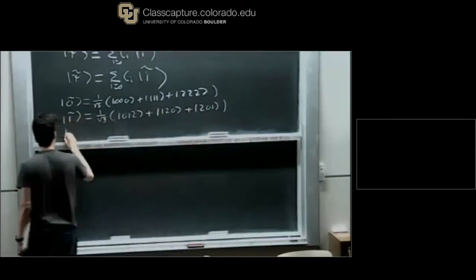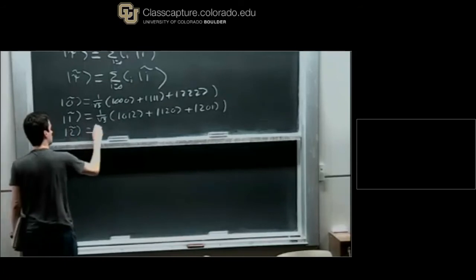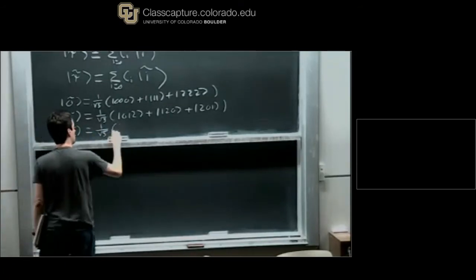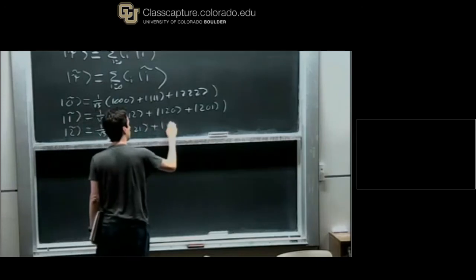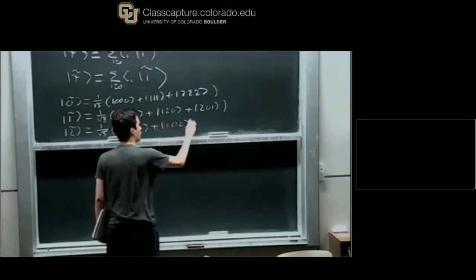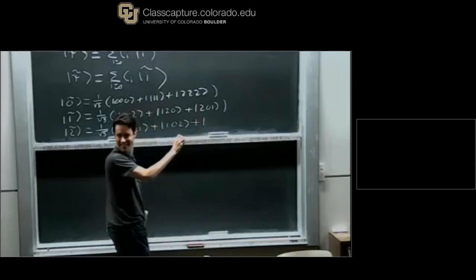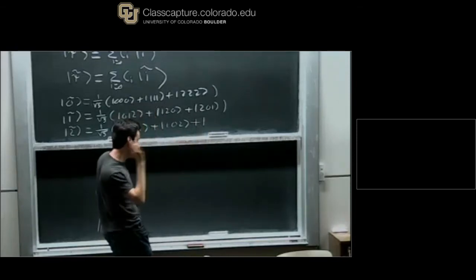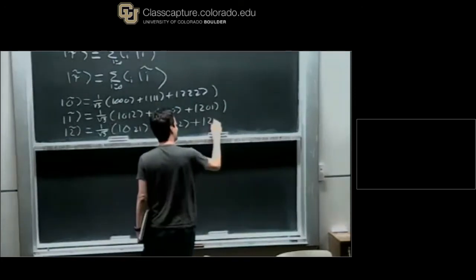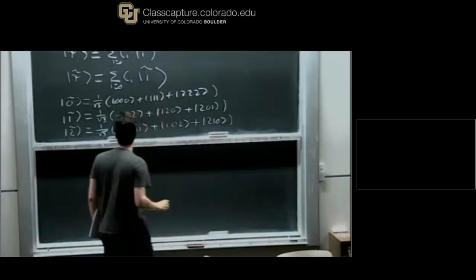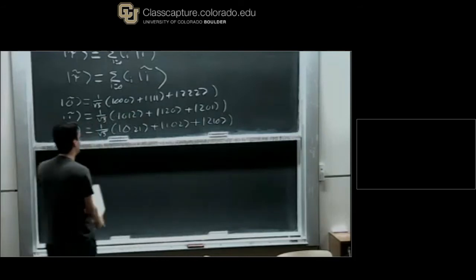And the encoded 2 state, 0, 2, 1 plus 1, 0, 2. Okay, can anyone guess what the last one is? Yeah, 2, 1, 0. Good. That's the pattern recognition.